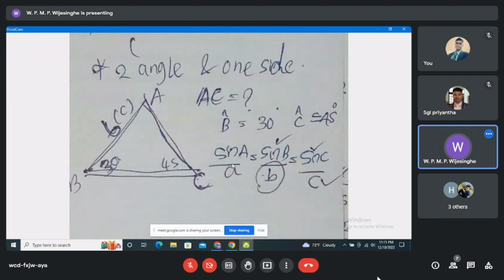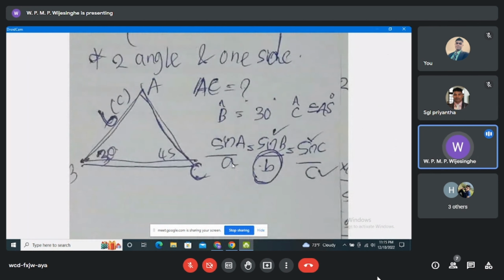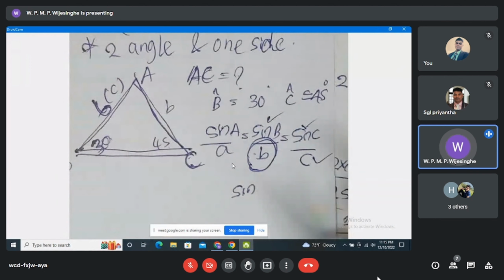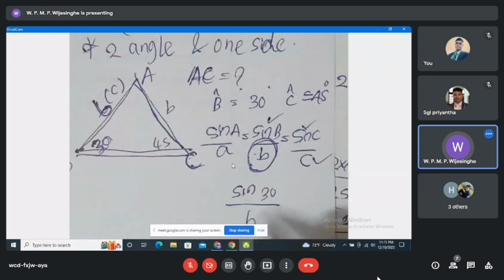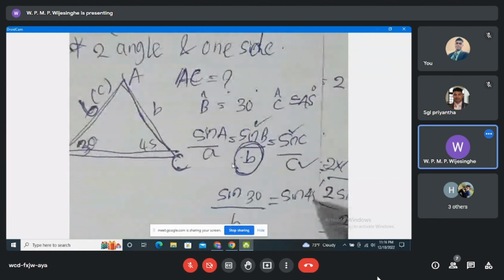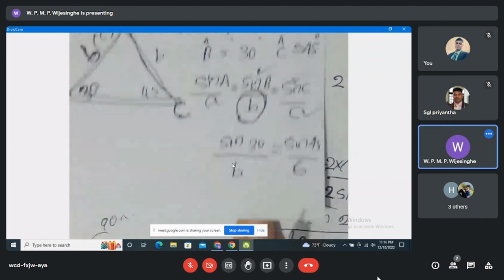Then we can find b, which means the AC length. Sine 30 divided by b equals sine 45 divided by 6.